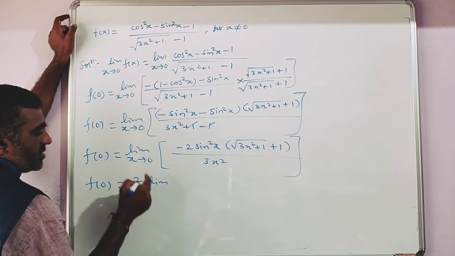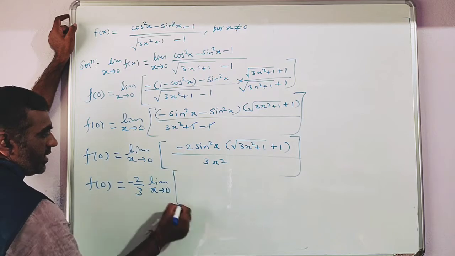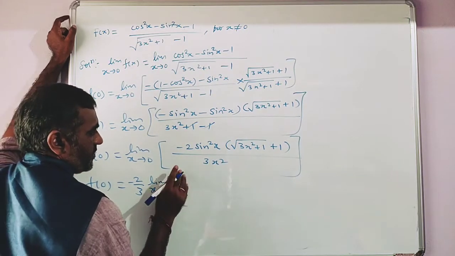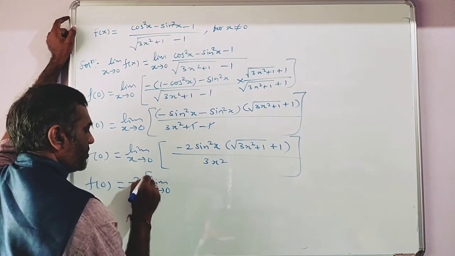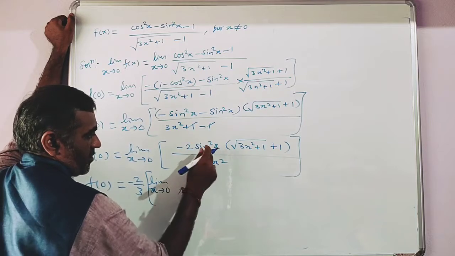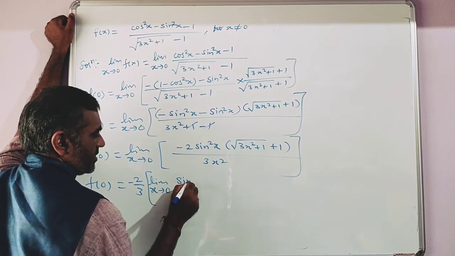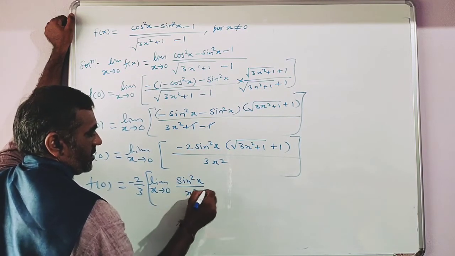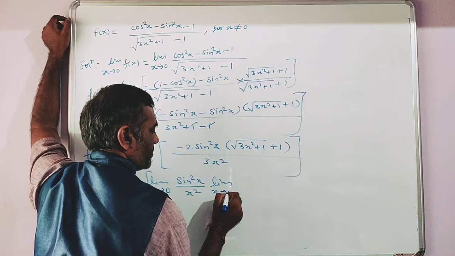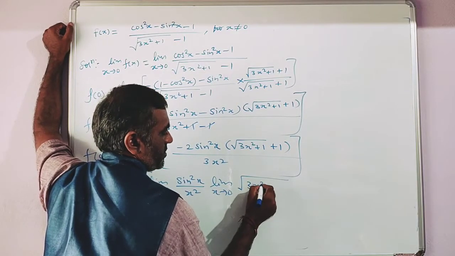Take outside the constant term here, minus 2 by 3. Then we can write down here, we can give the separate limit to both the terms, that is sin square x upon x square and limit as x tends to 0 square root of 3x square plus 1.